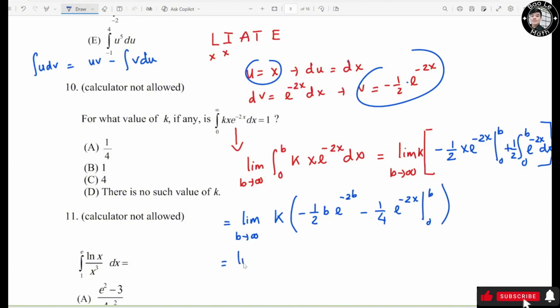And it's going to be limit when b approaches infinity of k times negative 1 over 2 b e to the negative 2b minus, substitute b for s, it's going to be 1 over 4, right? Times e to the negative 2b minus e to the 0, right?